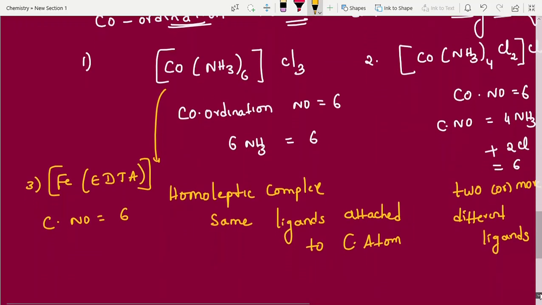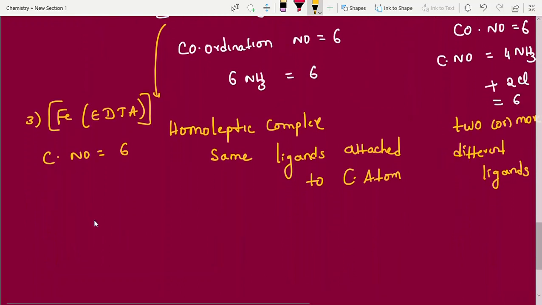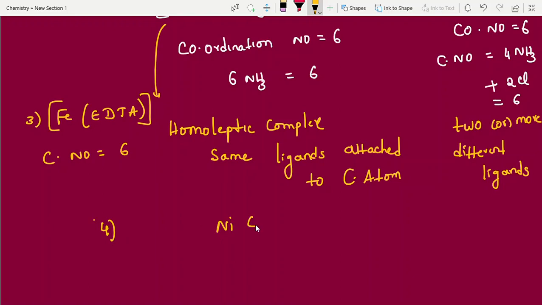Suppose you have taken one more example: nickel, Cl4, 2 minus. Okay, a little more clearly I can write the structure. This is again one of the frequently asked questions. Nickel cyanide, you can take, chloride also, minus 2.